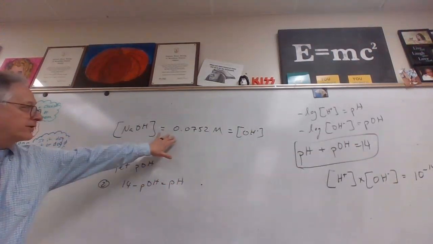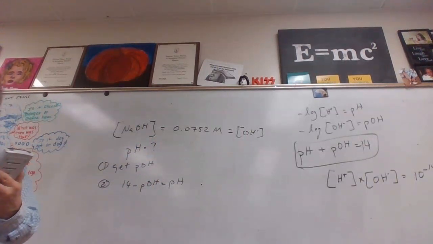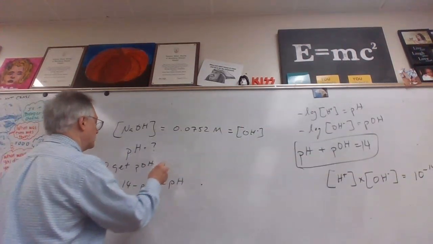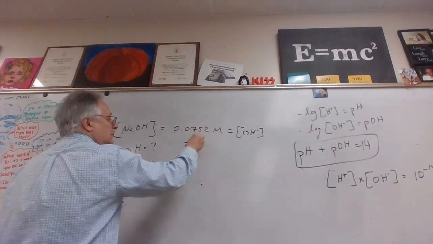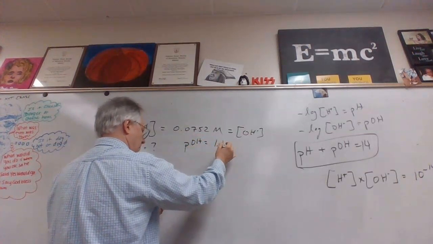So let's take our calculators and get that pOH. So I'm going to go negative log of 0.0752, and my pOH, when I do that on the calculator, is 1.12.